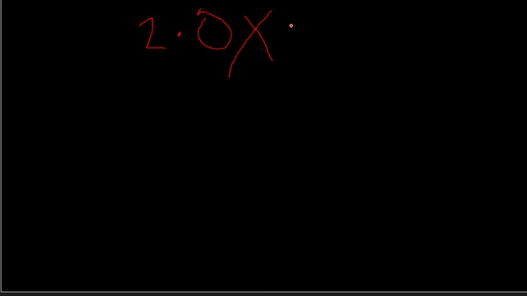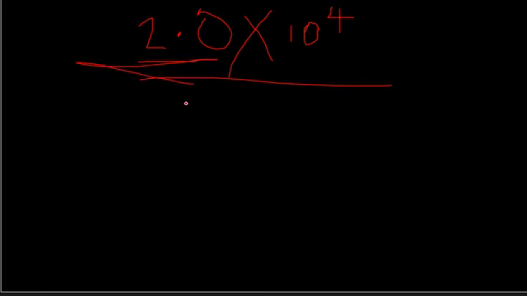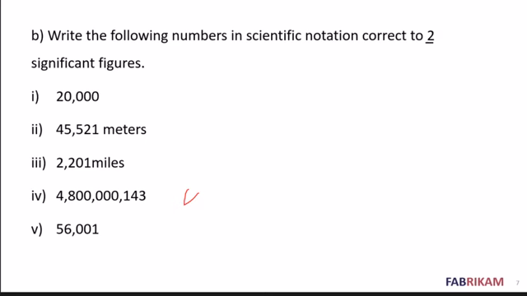This will be 4.6 times 10 to the power 4. Okay, yes. How about the rest of the examples? Look them up, you've got to try them on your own.